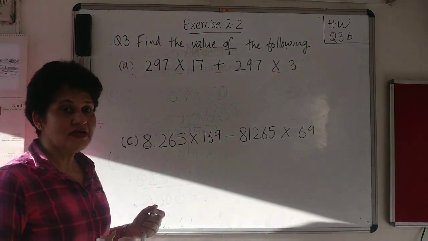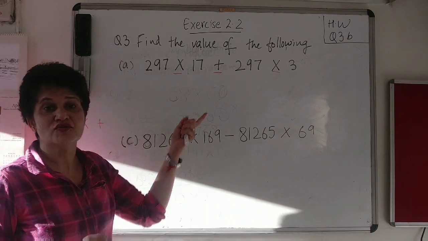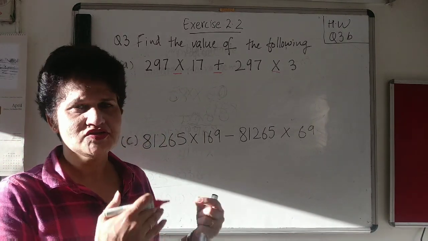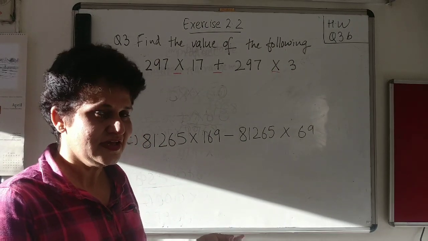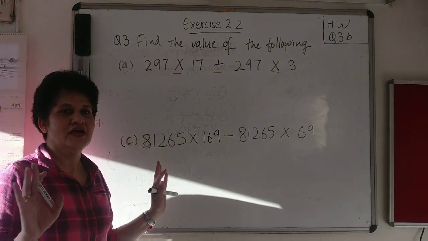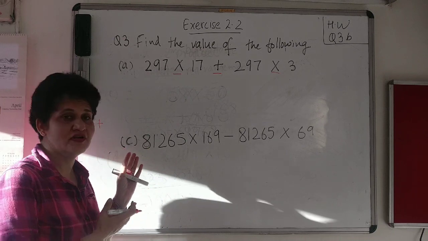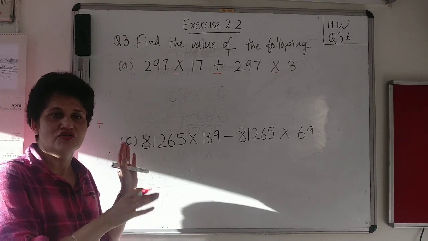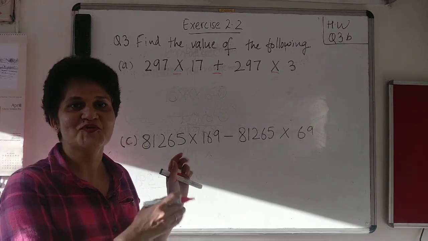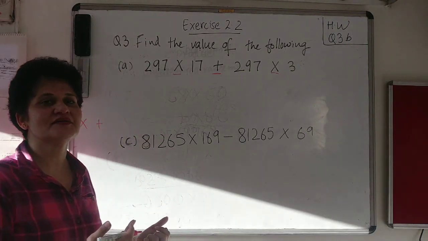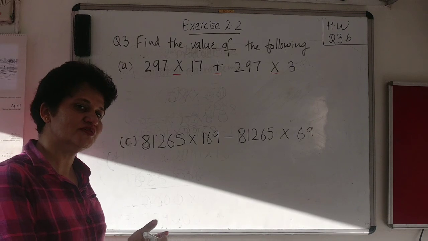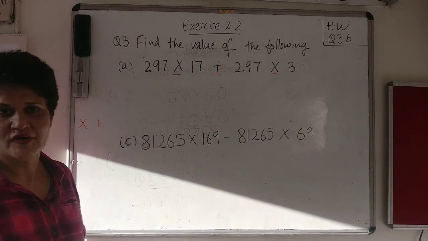Now if we multiply directly like you used to do in class 5, then the question gets longer. That's the reason we learn how to apply properties in class 6 and make our life very easy. And in class 6, when such a question is given, if you multiply directly, your marks will be deducted. So you have to learn it, you have to apply the properties, right? And many times you'll be asked to identify the property also. So let's do this question.